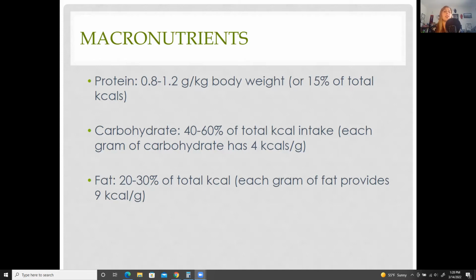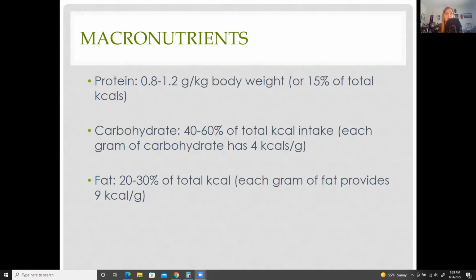Protein, generally speaking, and this is probably where I get the most contention, really does not need to be higher than 0.8 to 1.2 grams per kilogram of body weight, or, as you can see there in percentages, about 15 to 20% of your total calories. And again, I want to be very, very clear, that is 0.8 to 1.2 grams per kilogram of body weight.